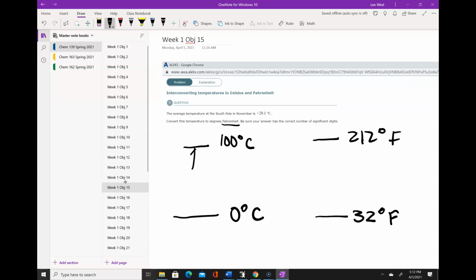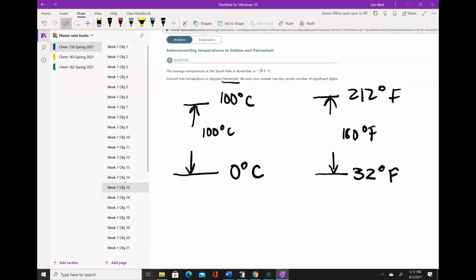So what that means is, in the space that you have 100 degrees Celsius, you have 180 degrees Fahrenheit. So 180 Fahrenheit units is equivalent to 100 Celsius units.